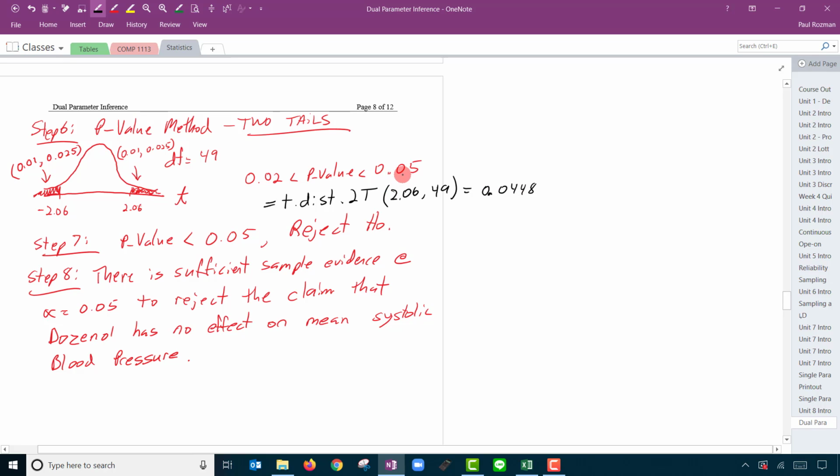So pretty close to 0.05. Again, a bad p-value.